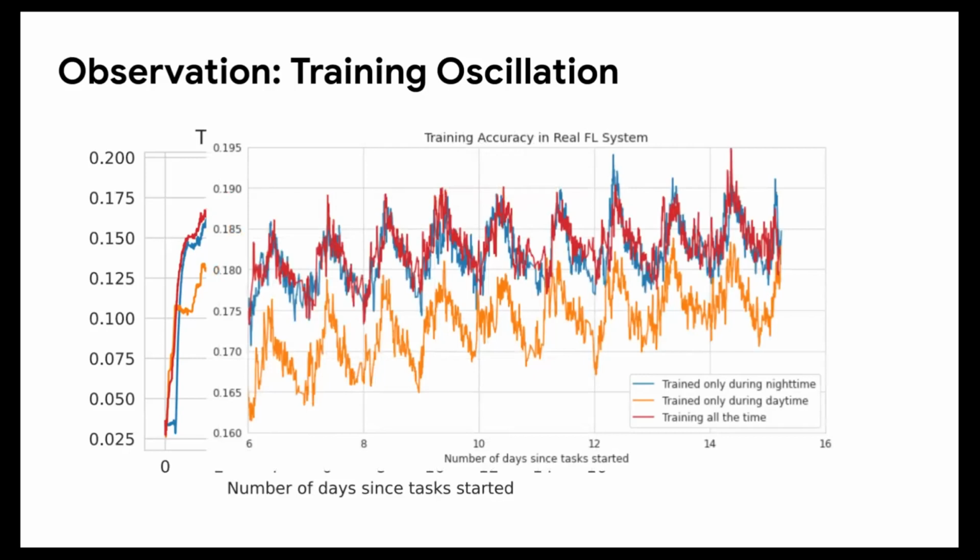The gap is not always consistent. Sometimes the gap is large and sometimes the gap is smaller. The model trained with all-time data is more similar to the model trained with the nighttime data, but usually outperforms the model trained with only one mode of data. This is an interesting observation.